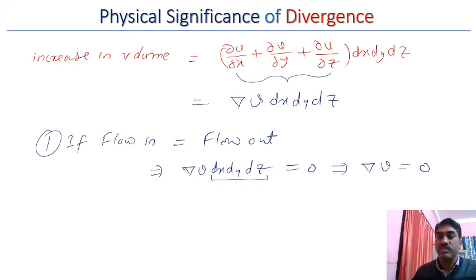Sorry, this is del dot v, because this is a vector. So this implies that del dot v is 0, and this we say that divergence is 0. Divergence is 0 means flow in is equal to flow out.